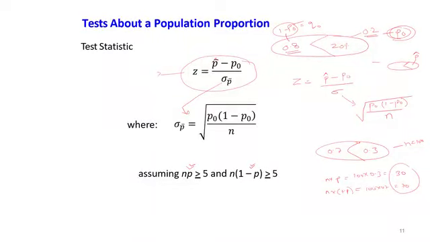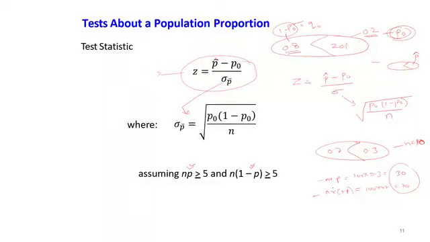If the sample size is only 10, let's suppose, or the proportion is 0.001, in that case one of these assumptions will not be met. And in that case, you should not go and perform this hypothesis testing. Whatever decision you make may go wrong.